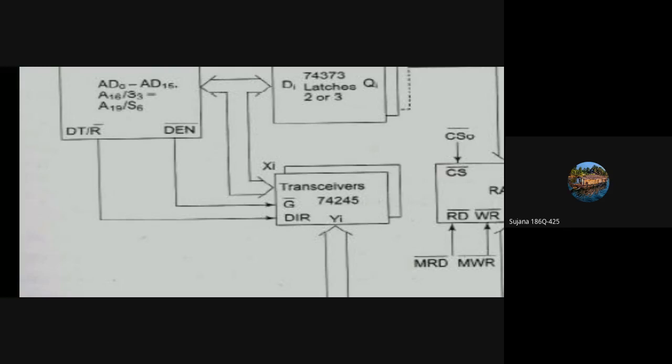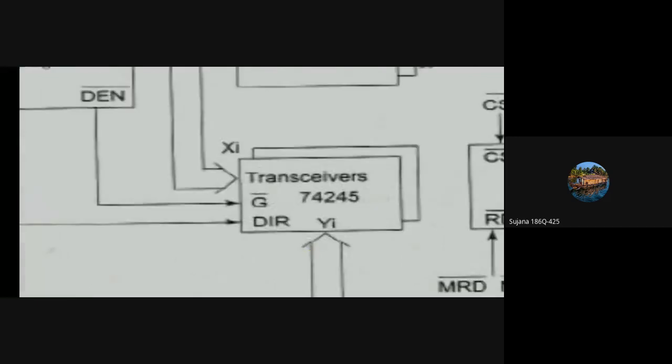So the direction of data, whether to the processor or from the processor, will be provided by DT by R bar. These two signals, DEN bar and DT by R bar, are used to control the operation of these transceivers.